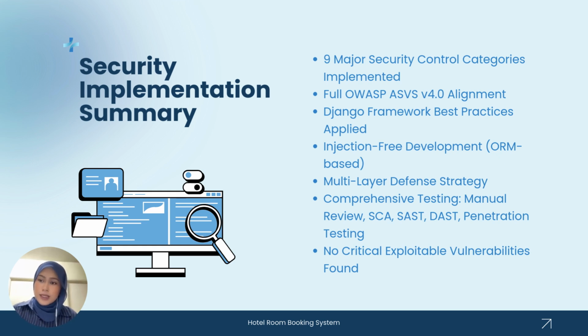And next, the security implementation summary. This slide gives a high-level overview of our achievement. We have implemented 9 major security control categories, achieving full alignment with OWASP ASVS 4.0 by applying Django framework best practices. We have focused on injection-free development using ORM-based queries.